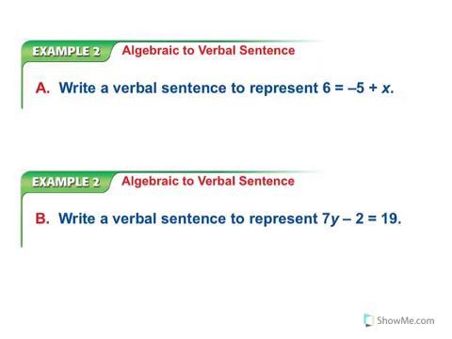Example 2. Write a verbal sentence to represent 6 equals negative 5 plus x. In this case, every time you see an equal sign, you're going to let that be the word is.